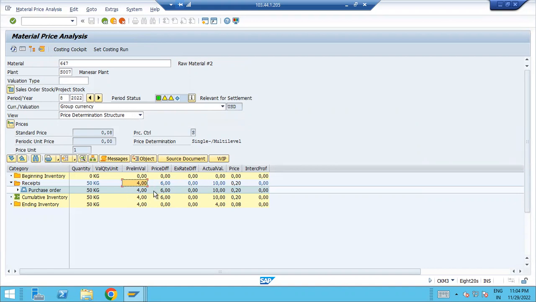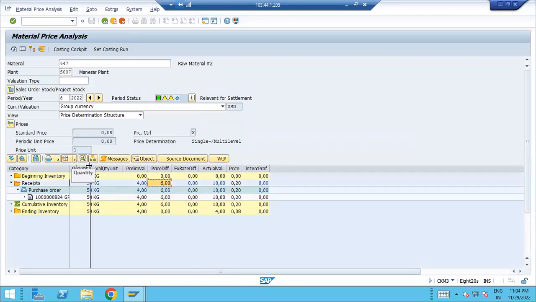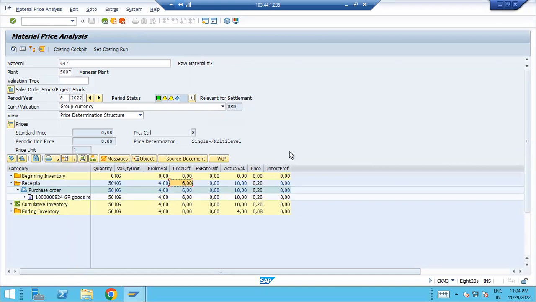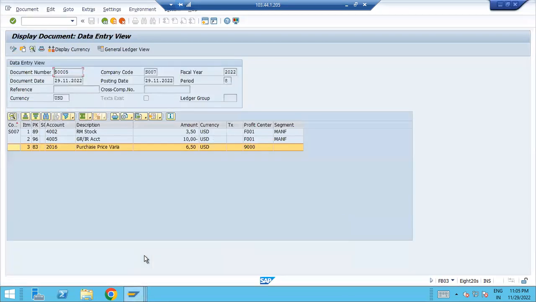So 50, and this is our preliminary valuation. So price difference is 6, which is captured in the material ledger, and it is because of your GR. Okay, so this is my material ledger point of view, and this is my accounting entry. This is our difference amount.